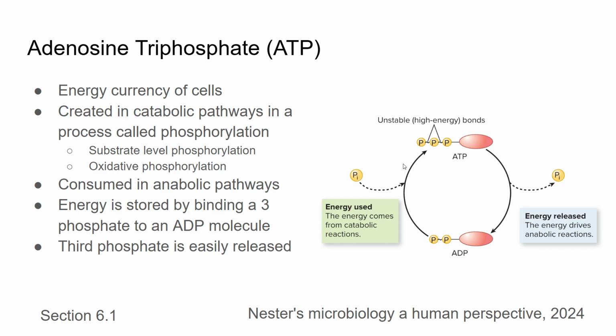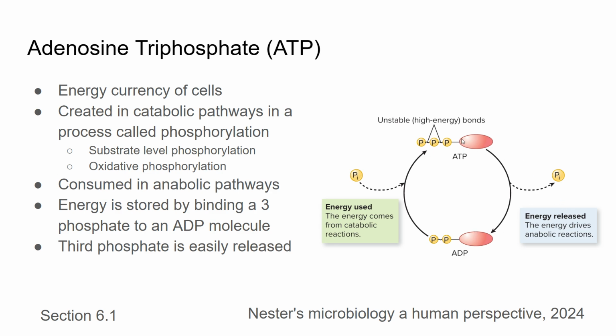So what is phosphorylation? This is going to be where we take a phosphate and we're going to bind it to an ADP. So ADP means adenosine diphosphate, and once we bind the third one, it's adenosine triphosphate. Now each of these bonds between phosphates is high energy and they're pretty unstable, so it's pretty easy to release the phosphate and also release the energy.